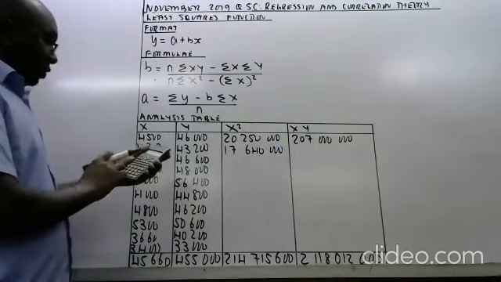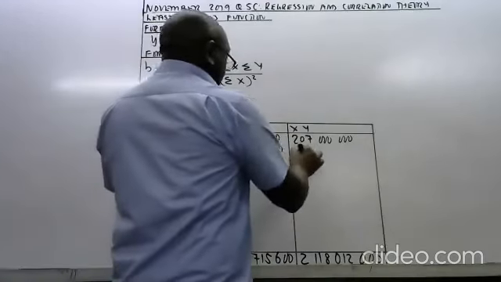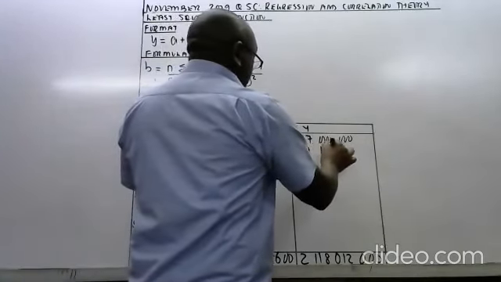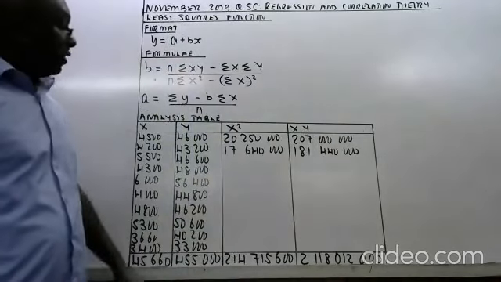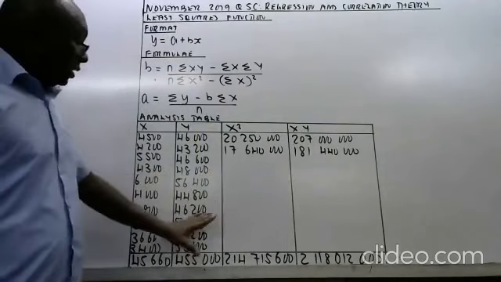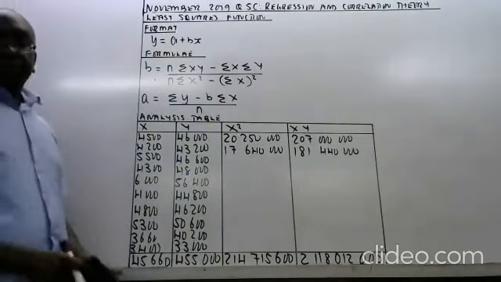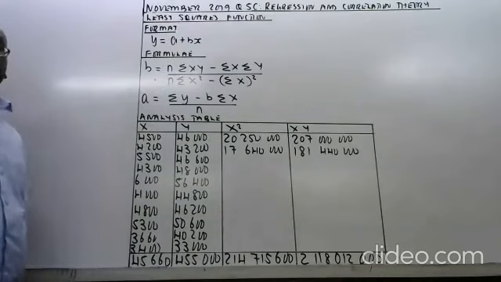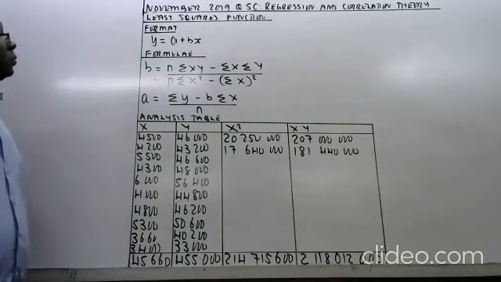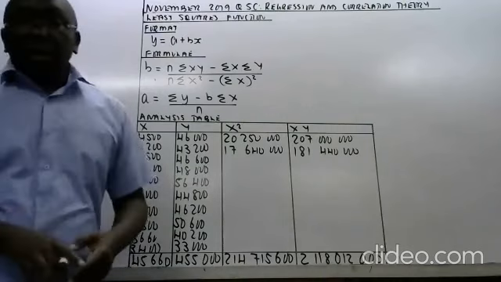Then here, 4,200 times 43,200, 181,440,000. So you don't have to be stressed by the issues of the calculator. You go slowly like that, the answers will be the same. That's okay, Halima?